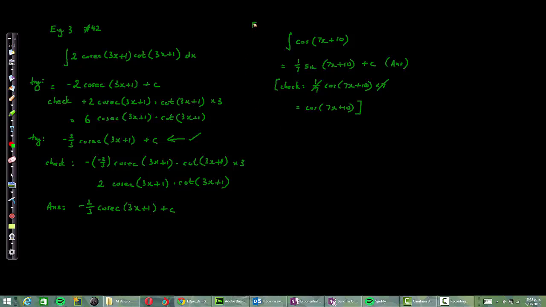Okay, let's call that example number 4, and let's try one more. Once again, just trying to speed up the process using this more streamlined approach. Let's say we had the integral of negative 2/3 sine(1/2 x) with respect to x. So what do we do here? Well, I reckon the integral of sine is negative cosine.